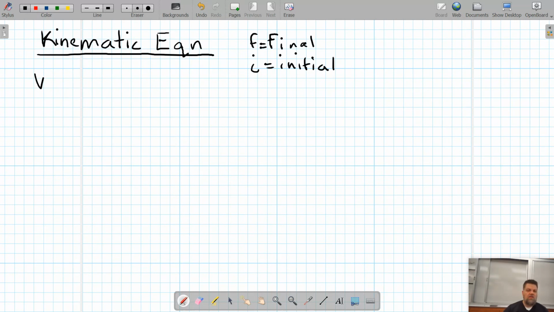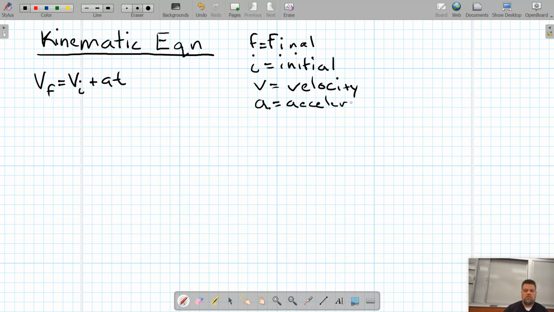So my final velocity is equal to the initial velocity plus acceleration times time. So v is equal to velocity. And some of this you might have written down already. a is acceleration, and t is time.